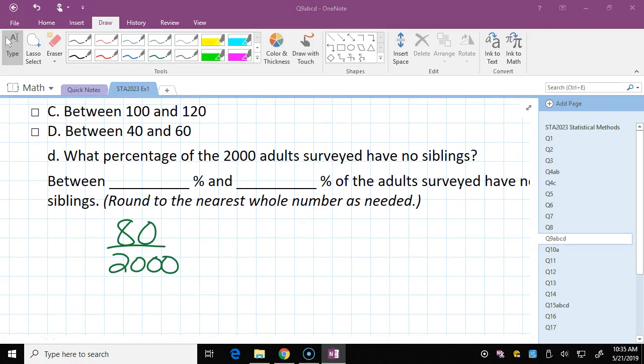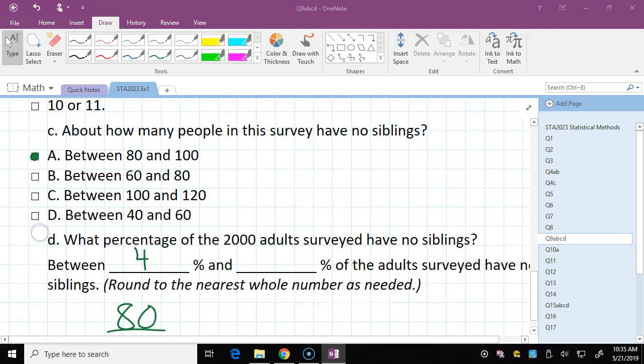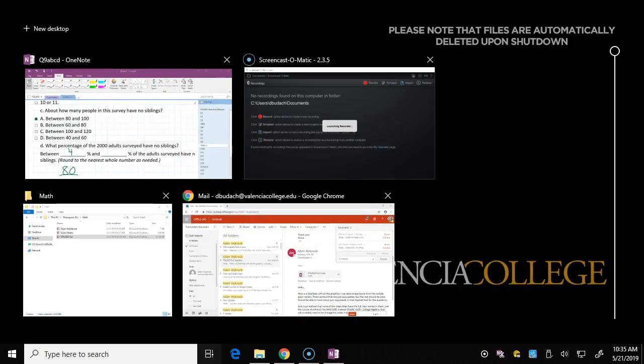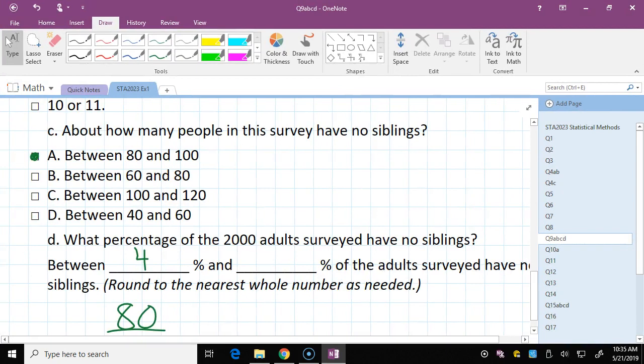0.04 multiplied by 100, and what do we get? 4%. Perfect. Take the 80 divided by the 2,000, multiply by 100, you've got your percentage. Okay, to get the second percent, take the next number.